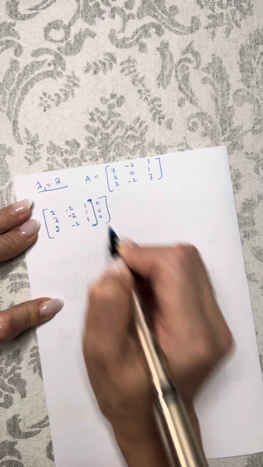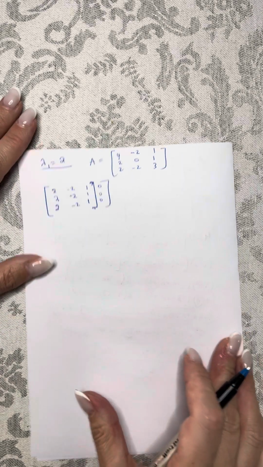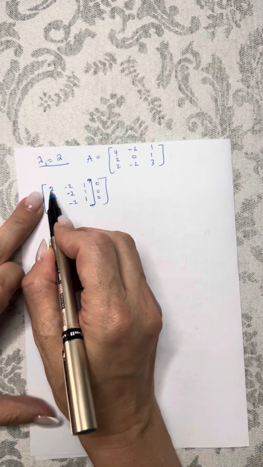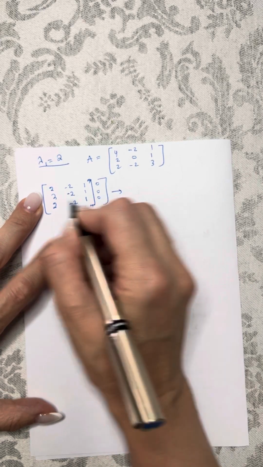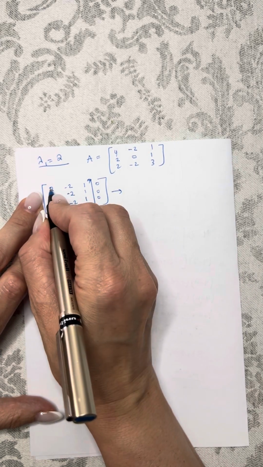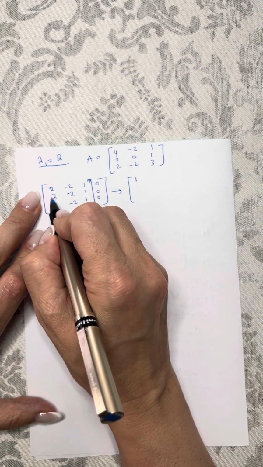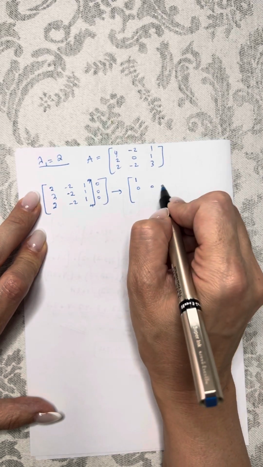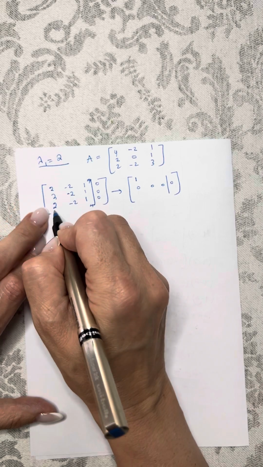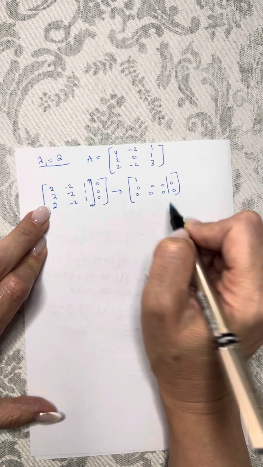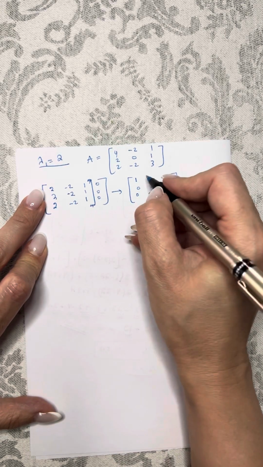Now we need to reduce it to reduced row echelon form. If you notice, the 3 rows are the same, which means rows 2 and 3 are redundant to the first. So if you just do minus row 1 plus row 2, it will become zeros. And if you do minus row 1 plus row 3, it will become zeros. And then divide row 1 by 2.